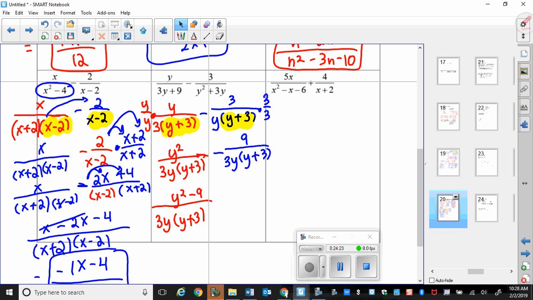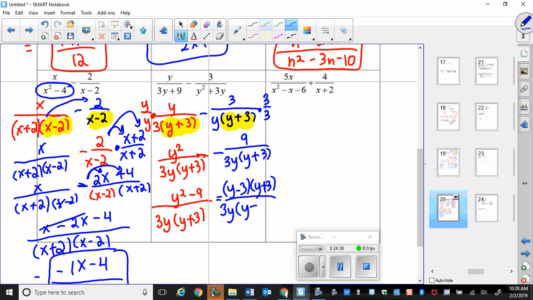And remember, simplifying is important. We keep it in factored form. This equals y minus 3 times y plus 3 divided by 3y times the quantity of y plus 3. In these expressions, these two quantities cancel, and I'm left with y minus 3 divided by 3y.